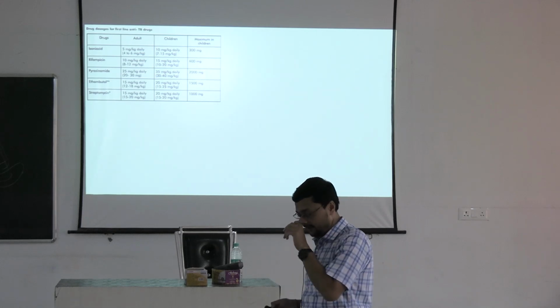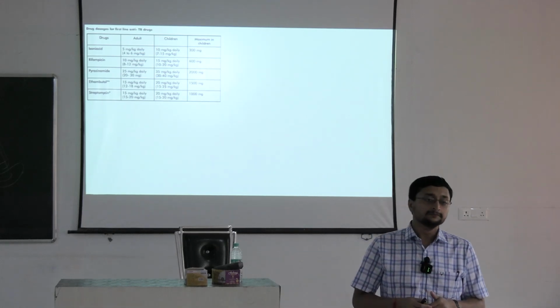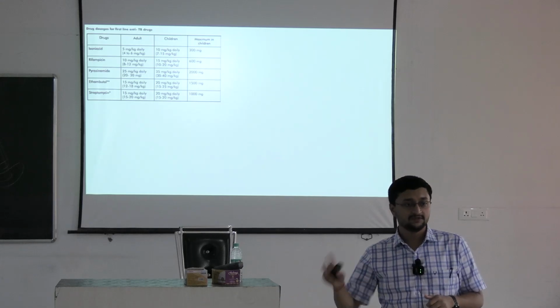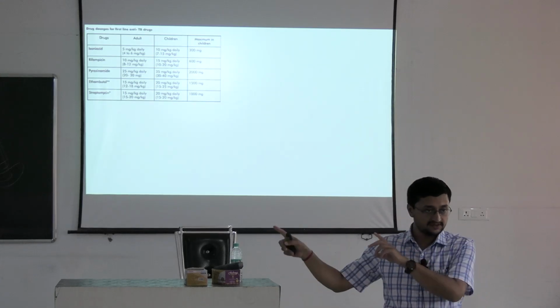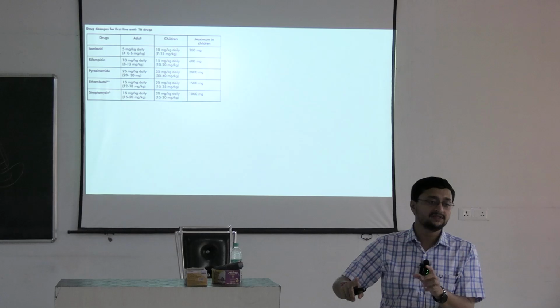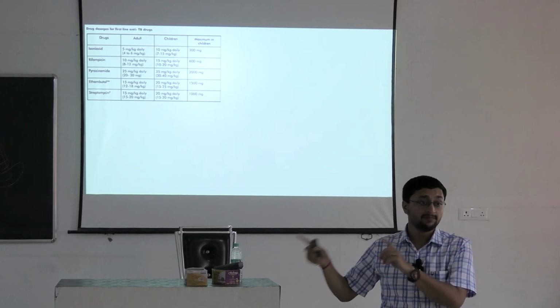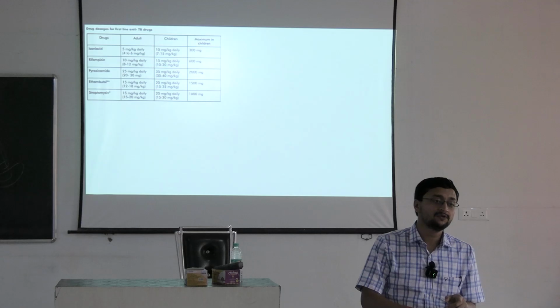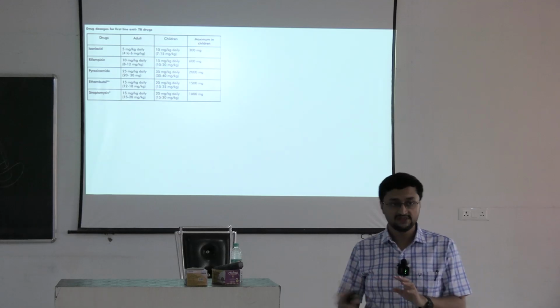And in case of pediatric dose calculation, you can add: isoniazid 10, rifampicin 15, pyrazinamide 35 and ethambutol 20. Easy, okay?